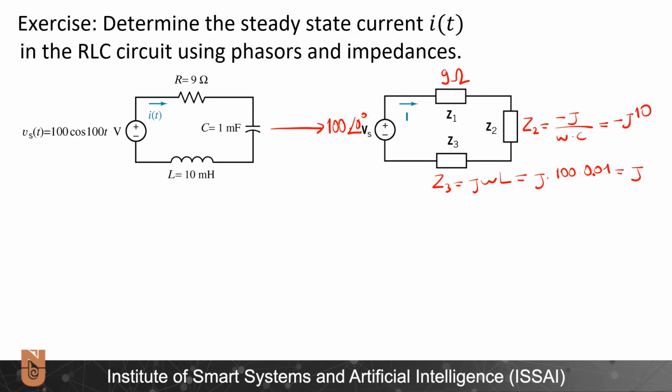So what should I do next? I should write Vs, the phasor, is equal to Z1 plus Z2 plus Z3, the combined equivalent series impedance, times the phasor I, which I want to solve.